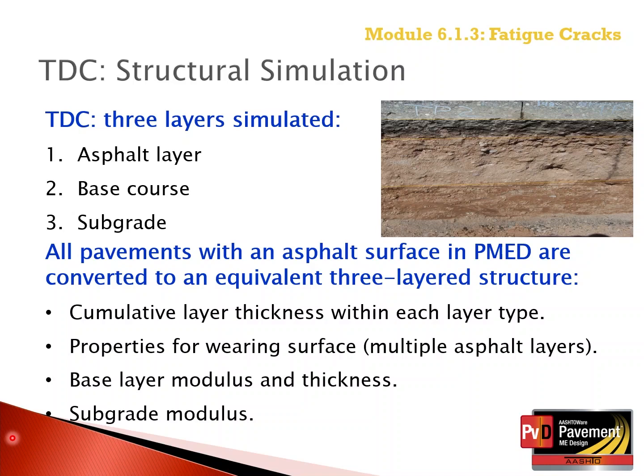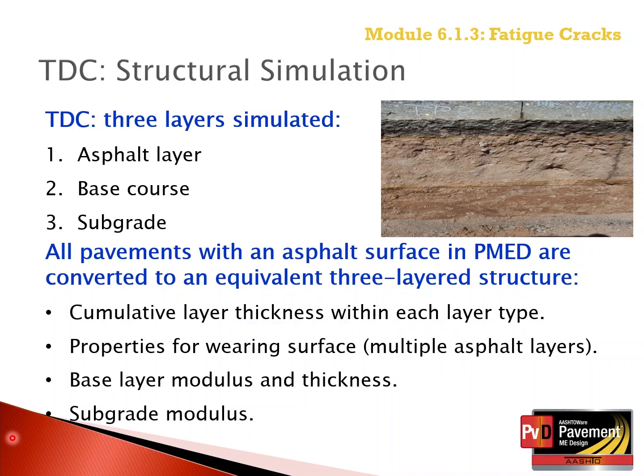All asphalt layers were combined into 1 layer, but the properties for the wearing surface controlled and were used for top-down cracking. 1 aggregate base layer was used, so different combinations of the aggregate bases were combined into 1 layer.